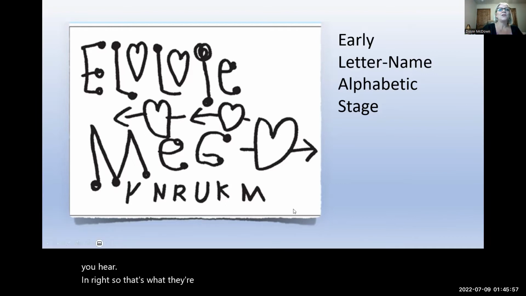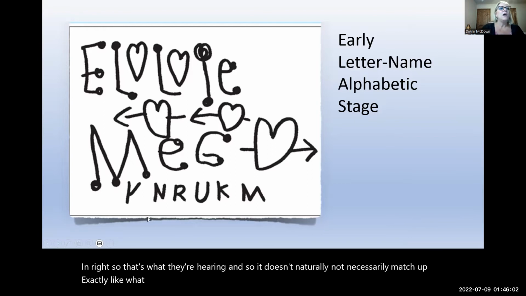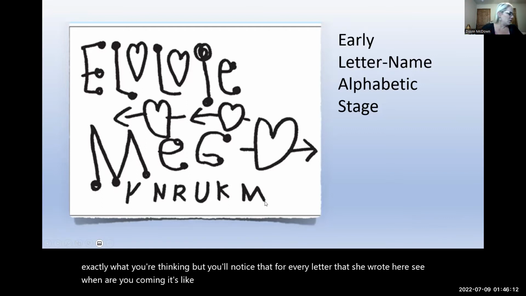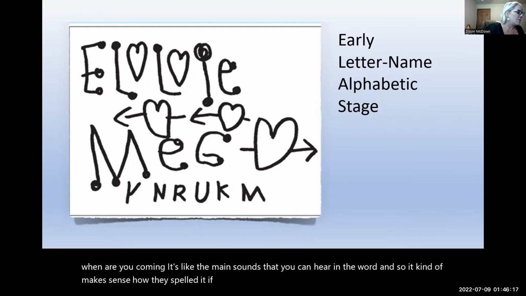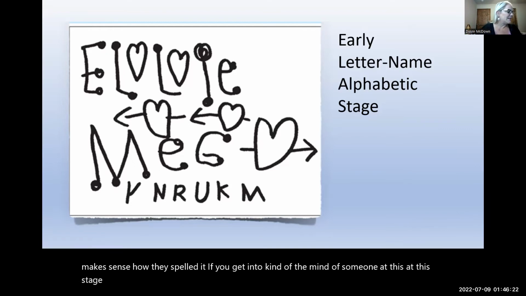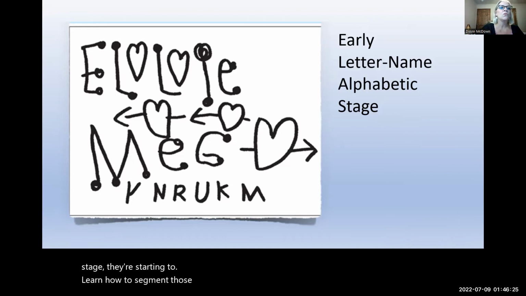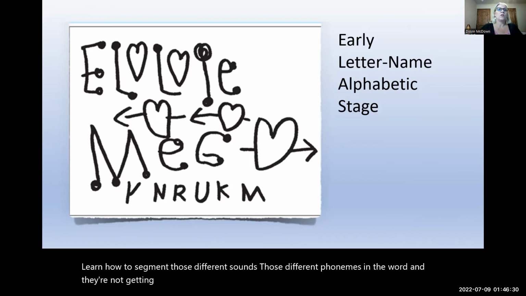It doesn't necessarily match up exactly like what you're thinking, but you'll notice that for every letter that she wrote here, when are you coming, it's like the main sounds that you can hear in the word. So it makes sense how they spelled it if you get into the mind of someone at this stage. They're starting to learn how to segment those different sounds, those different phonemes in the word. And they're not getting every one of them, but they're getting a lot more than they were. So that's the early part of this stage.